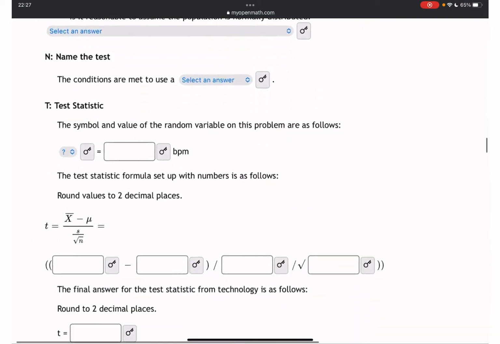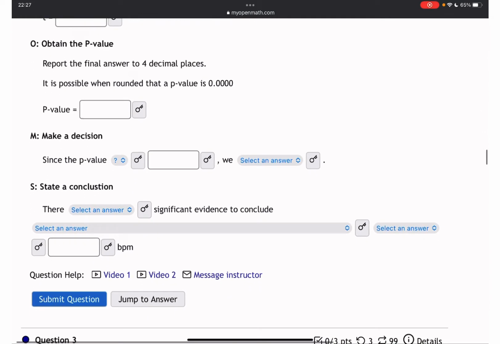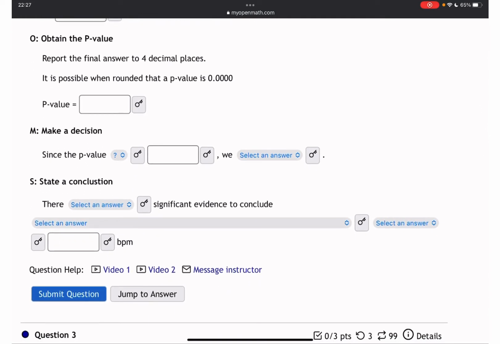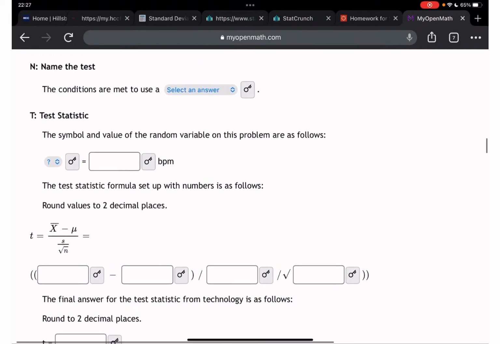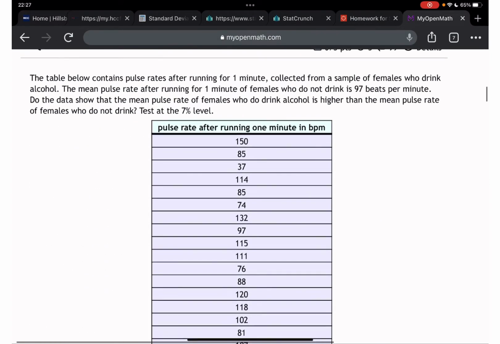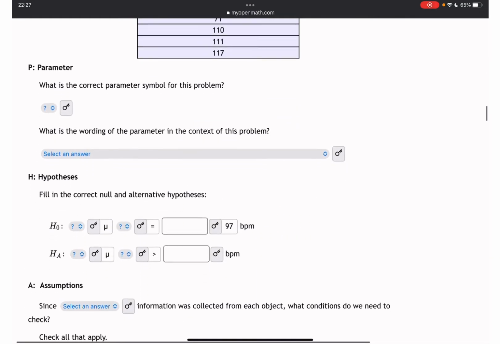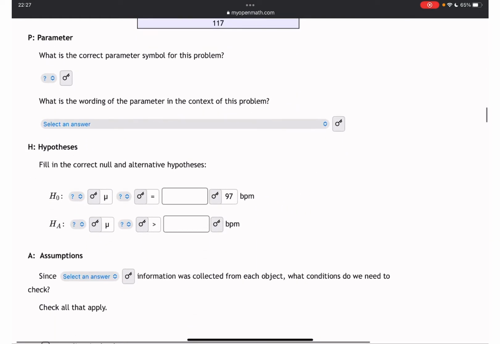And the third one, also very important: once you get the p-value, you want to compare it to the percentage of the test. I think in this case it was 7%. Let me see how many percent it was. Yes, test at the 7% level. You can take note of these 3 important things that will guide you on what to choose, t-test or z-score test.